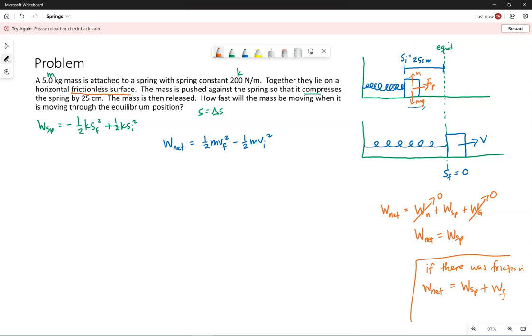And that work done by friction, of course, would be negative because it would always be opposing the motion, working to slow the block down. But in this case, we do not have friction, so the only work done is the work done by the spring. So I'm going to put this equation for the work done by the spring in for net work.